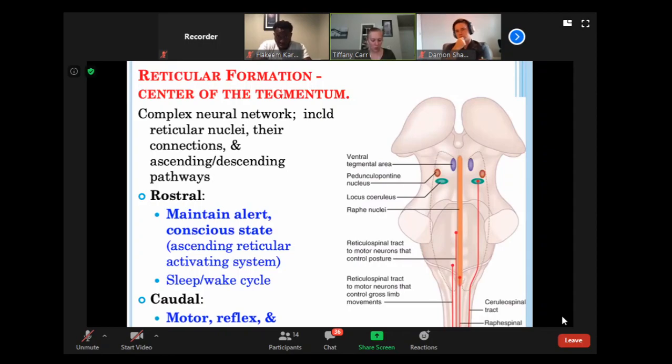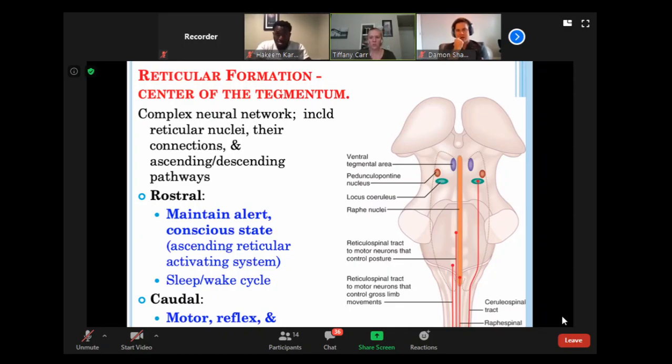The reticular formation being the center of the tegmentum. So we want to know this is a complex neural network, including the reticular nuclei and their connections and ascending, descending pathways.